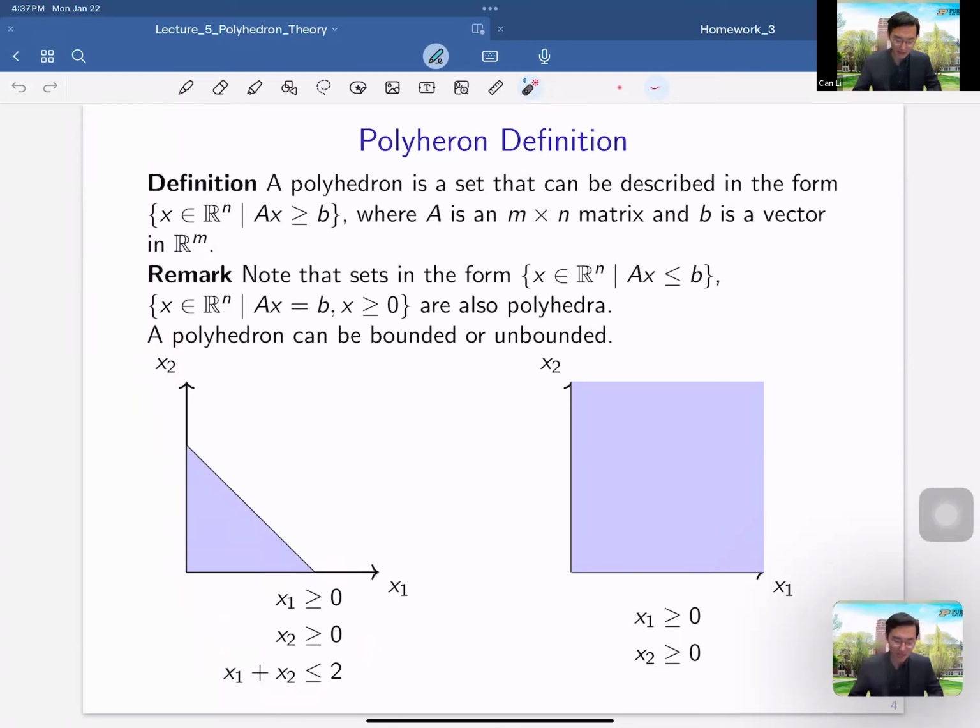If you look at the figure here, it represents this shaded area, and it's a bounded region, right? On the other hand, if we remove the constraint x1 plus x2 less than or equal to 2, then the right-hand side is still a polyhedral set, but it's unbounded. Basically, it describes the first quadrant of the plane here. Okay.